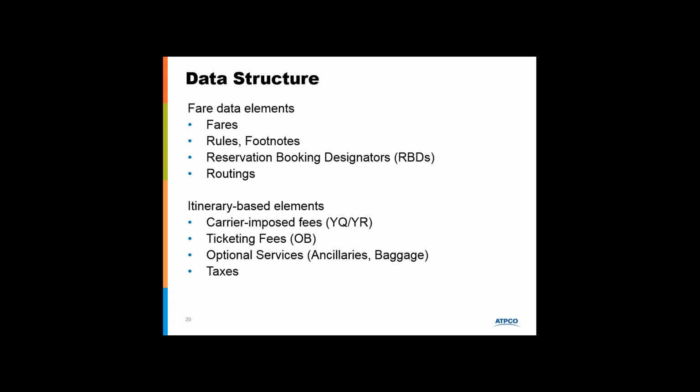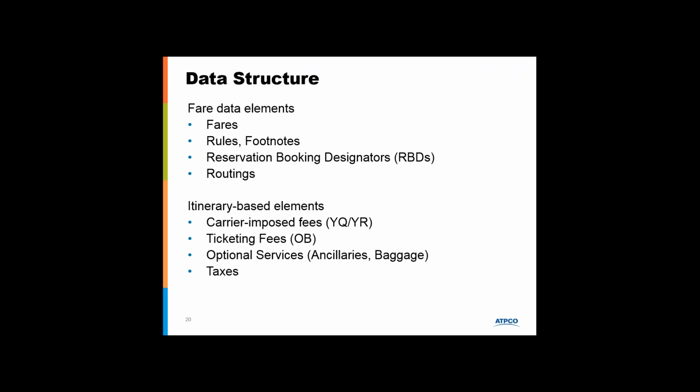We have booking codes that are used for bookings. Traveling under a routing, an airline may have a particular map that they wish that fare to be flown a particular way.